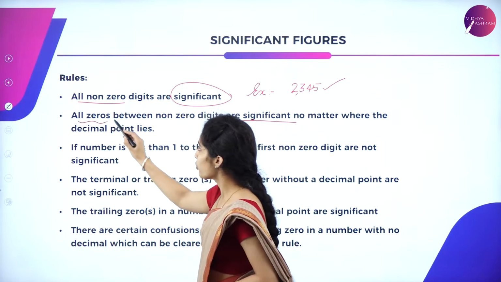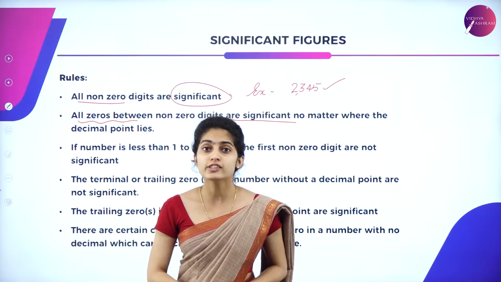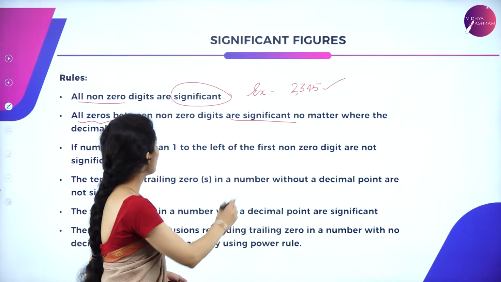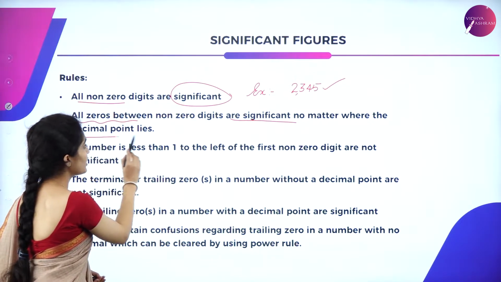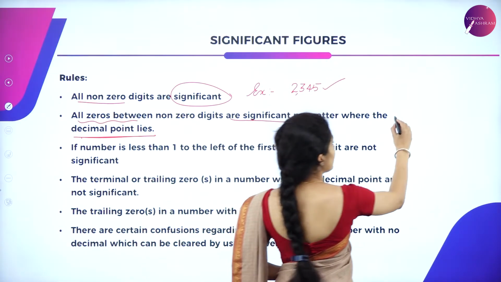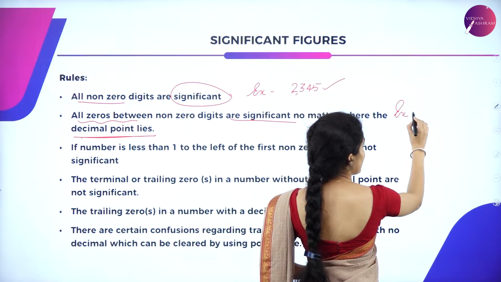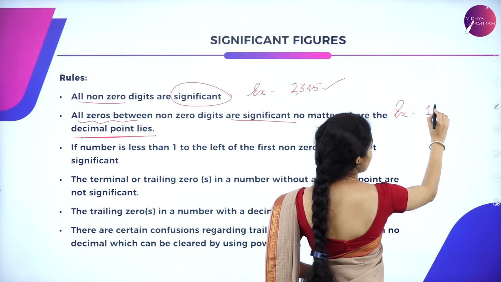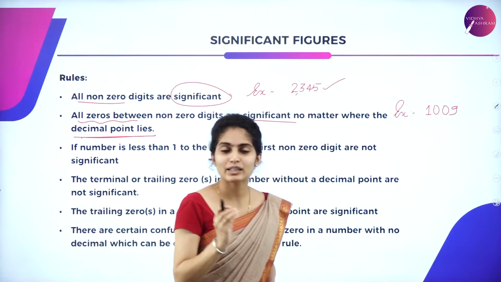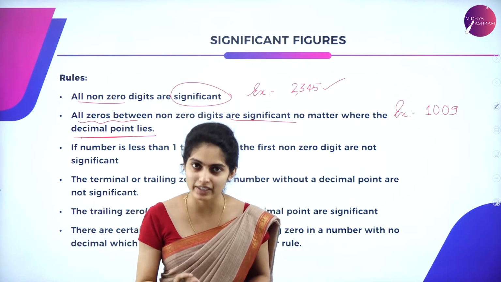All zeros between non-zero digits are significant, no matter where the decimal point lies. For example, I can take 1009. I'm just taking random numbers for you to understand.